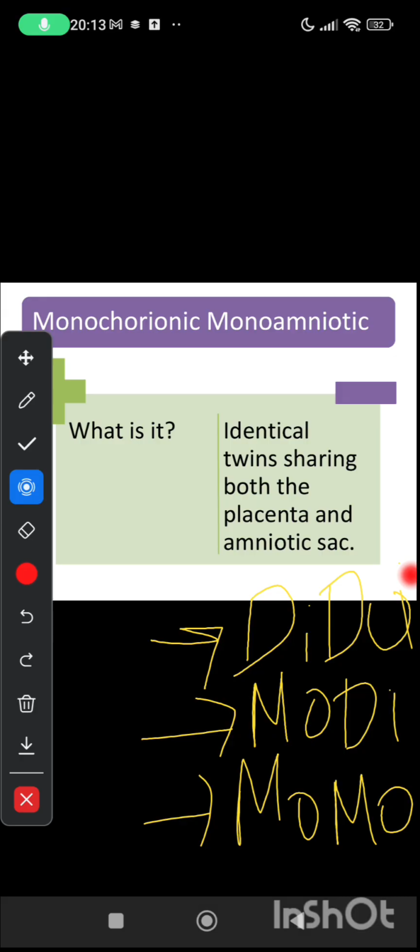And if the separation is very late, then what happens? Monochorionic, monoamniotic, single gestational sac and single amniotic sac.